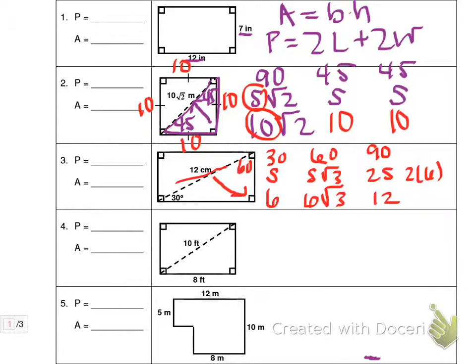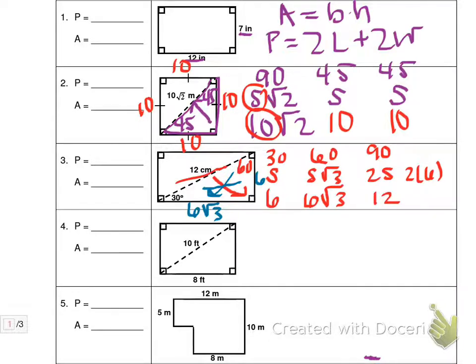So across from 60 on our rectangle is S square root of 3. And then across from 30 is 6, sorry.